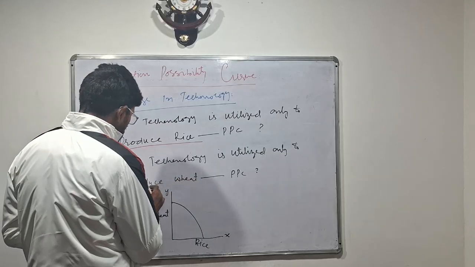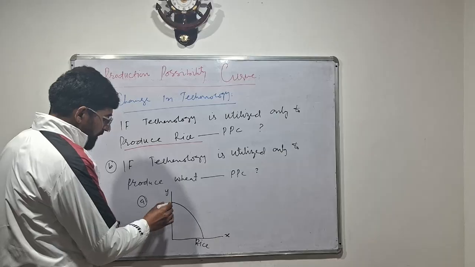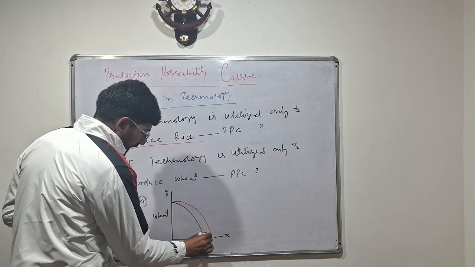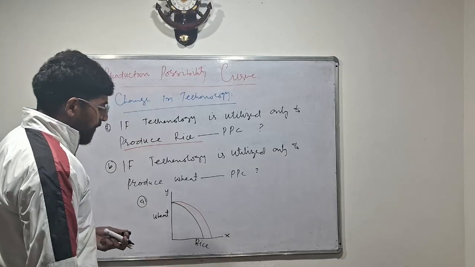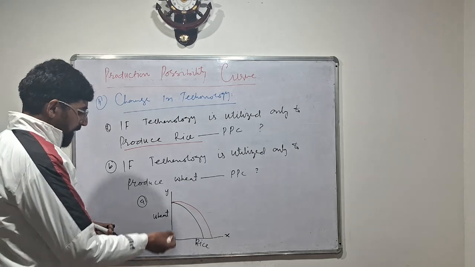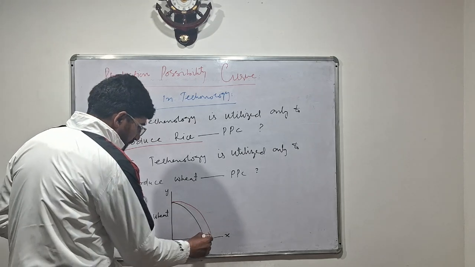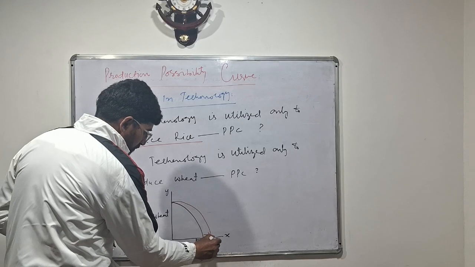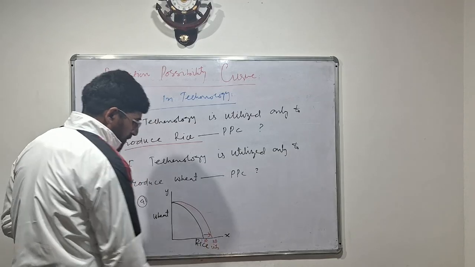Nothing has been done to the quantity of wheat. Then the PPC will rotate towards rice, as we are utilizing technology only to produce rice. Efficient technology means production of rice has been increased. For example, from 10 to 20 units. We can write 20 units.